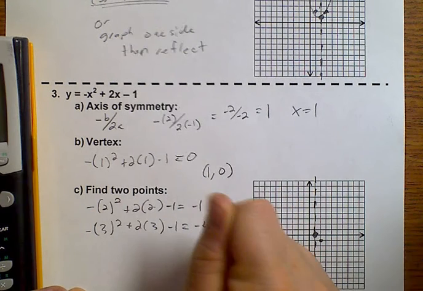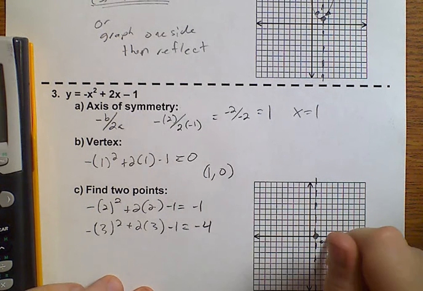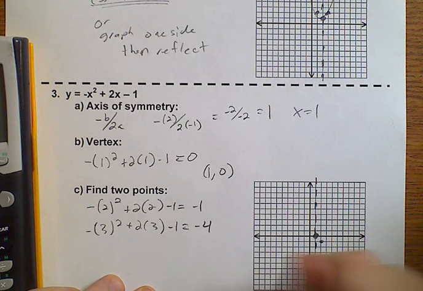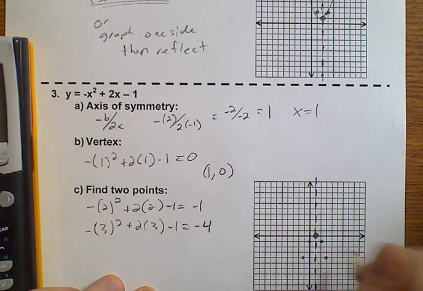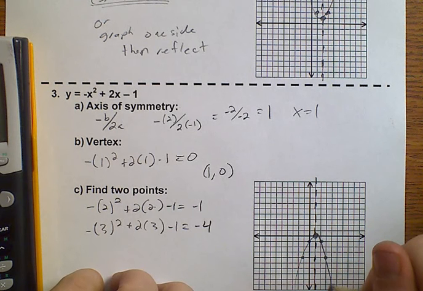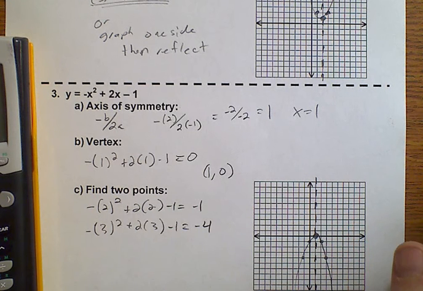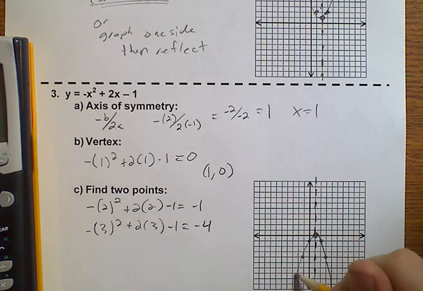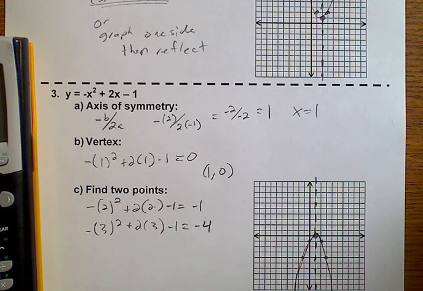That gives me negative 4. And then we're just going to mirror those points over.